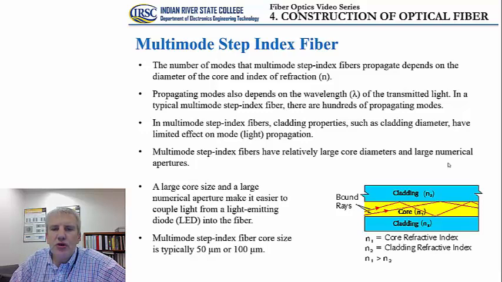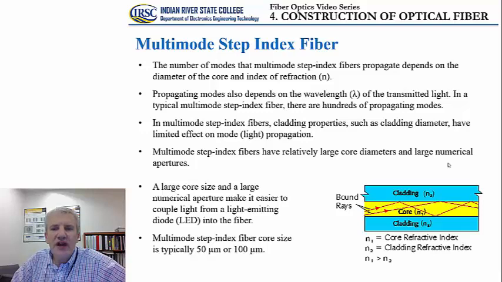Propagating modes also depend on the wavelength of the transmitted light. In a typical multi-mode stepped index fiber, there may be hundreds of propagating modes, and the cladding diameter in this case is going to have a limited effect on the propagation of light.